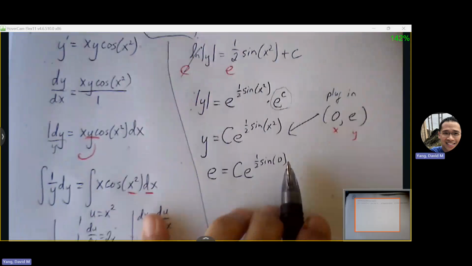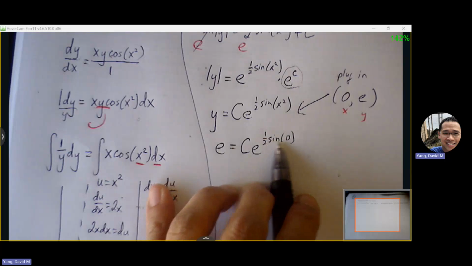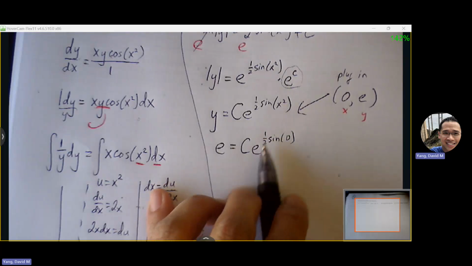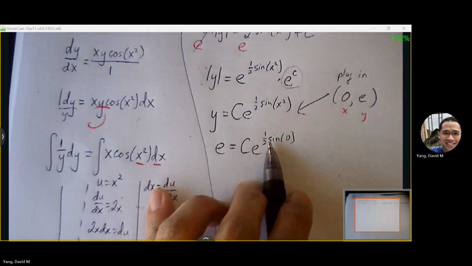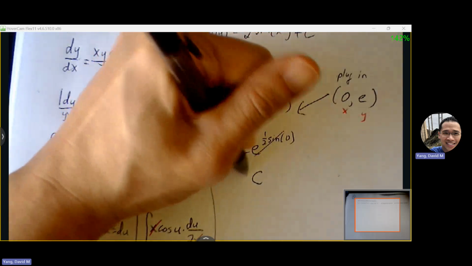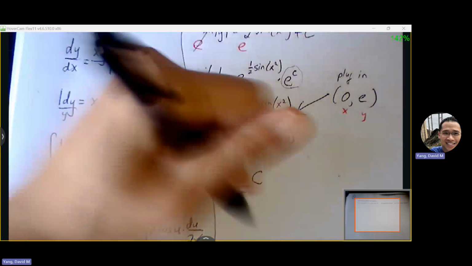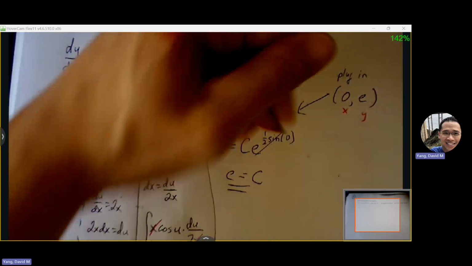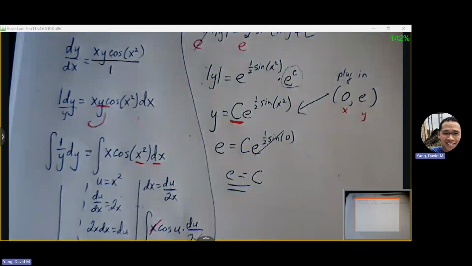The nice thing about that 0 is it's going to wipe out this entire exponent. e to the 0 is just going to be what? 1. So my c is just equal to e. So now we just have to update our equation and replace c with e, and we're done.